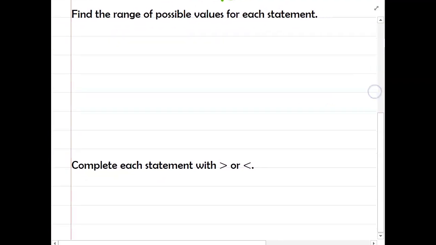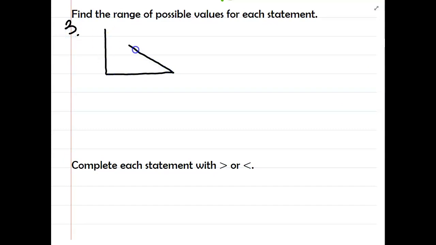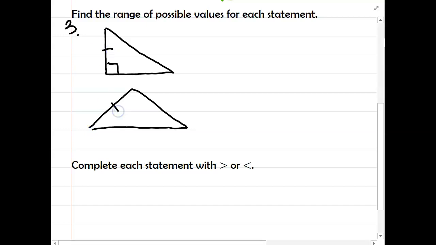Okay, the other ones, we're going to find the range of possible values for each statement. So let's draw a right triangle, and then a triangle below it, like this. We're going to say the left side of the right triangle is going to be congruent to the top left side of the other triangle.